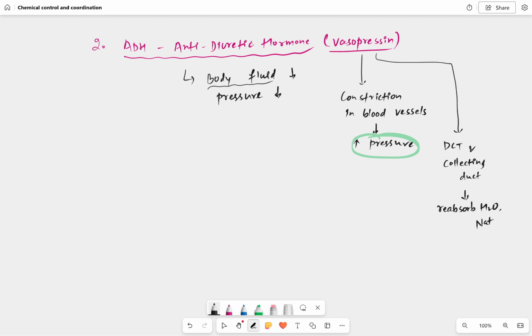Okay. So this is about the ADH antidiuretic hormone.